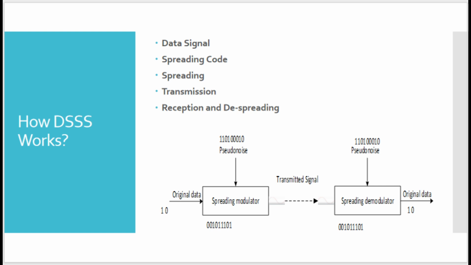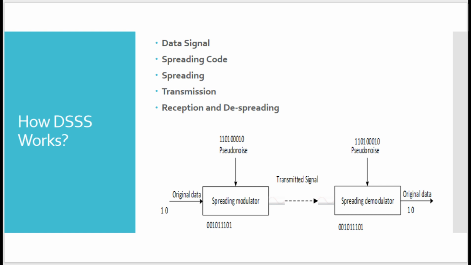This process correlates the received signal with the PN sequence, extracting the original data signal. Filtering: the de-spread signal, which is now the original data signal plus some residual noise, is passed through a low pass filter to remove high frequency noise, improving the signal to noise ratio.